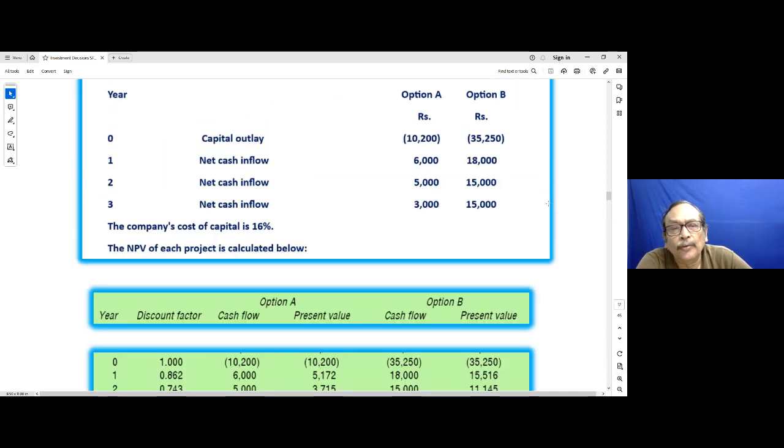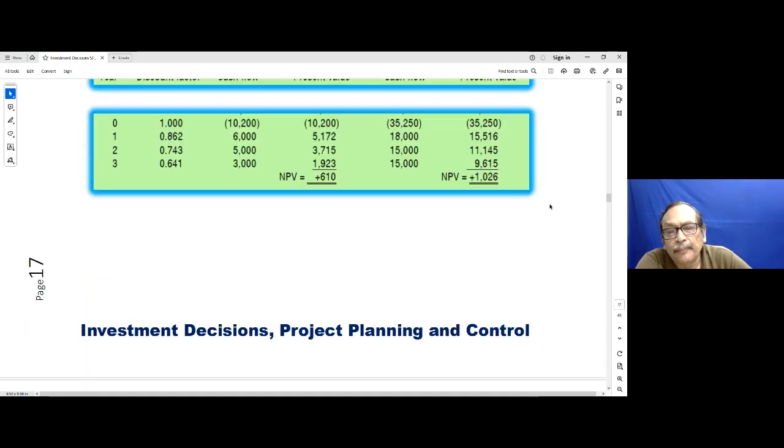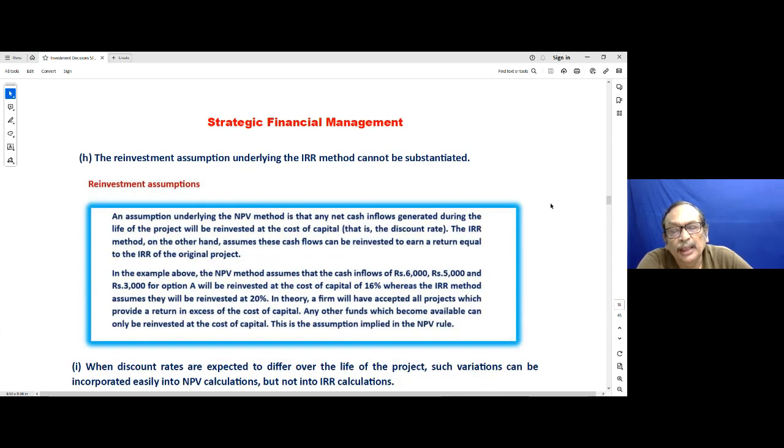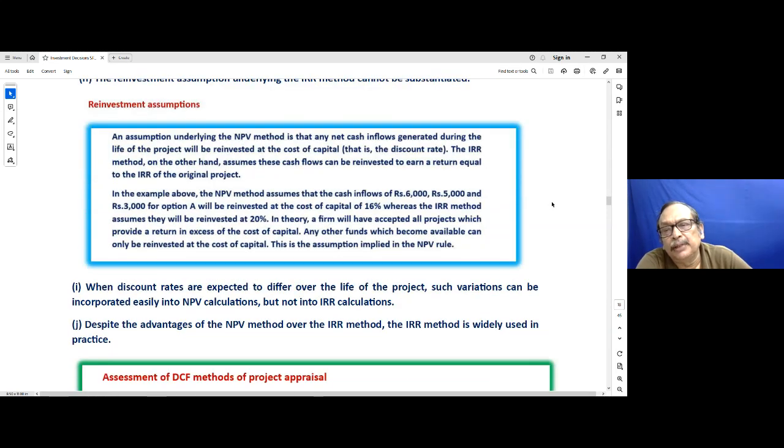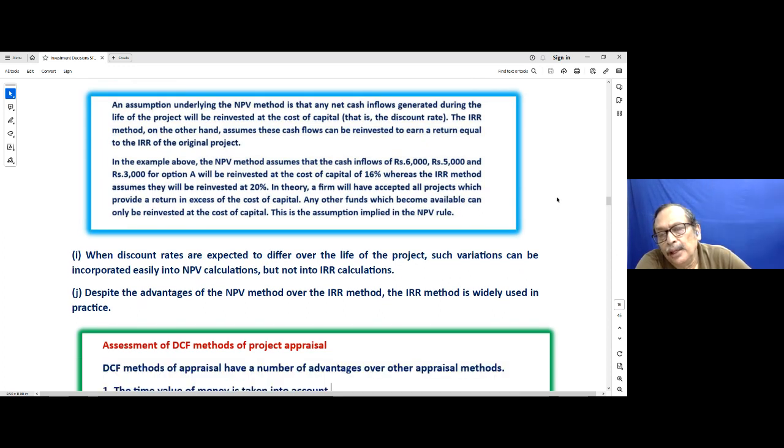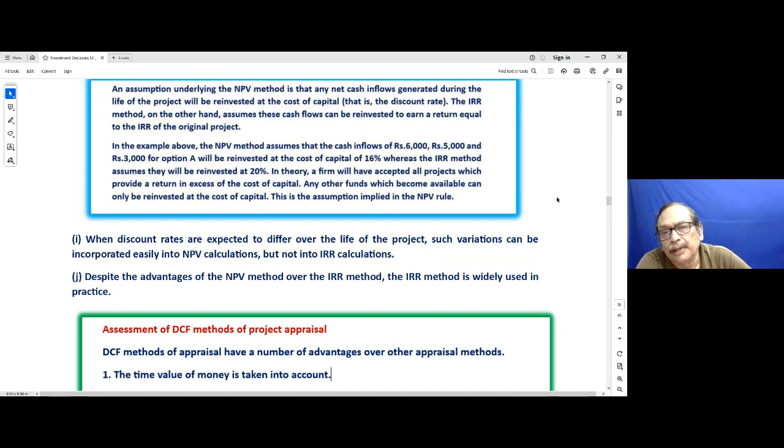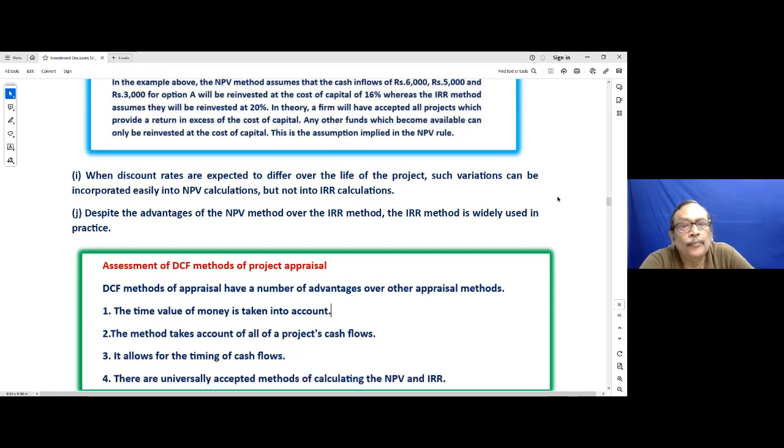Okay, so the idea is, in theory, a firm will have accepted all projects which provide a return in excess of the cost of capital. Any other funds which become available can only be reinvested at the cost of capital. This is the assumption implied in the NPV rule.